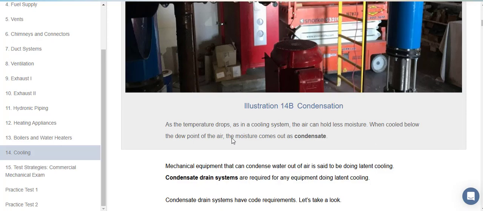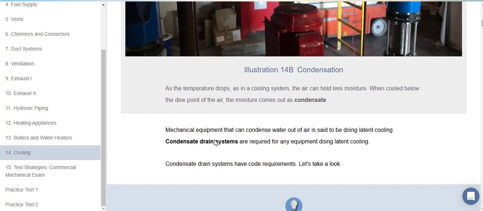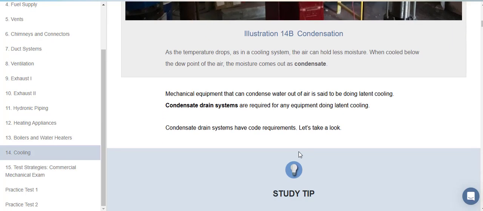When cooled below the dew point of the air, the moisture comes out as condensate. Mechanical equipment that can condense water out of air is said to be doing latent cooling. Condensate drain systems are required for any equipment doing latent cooling.